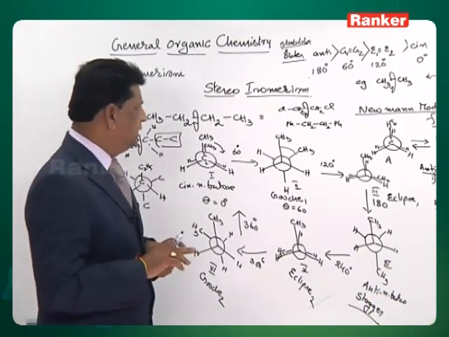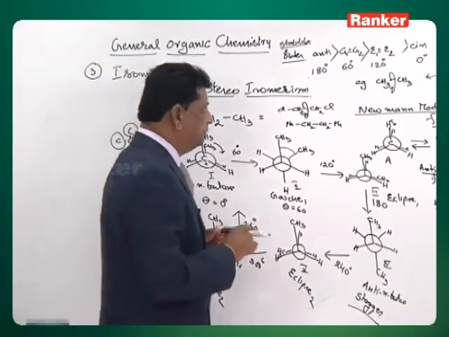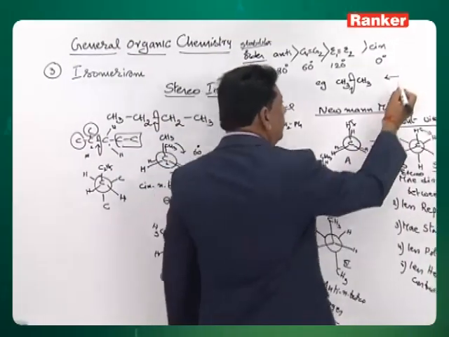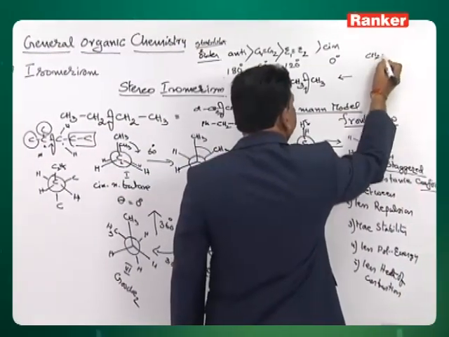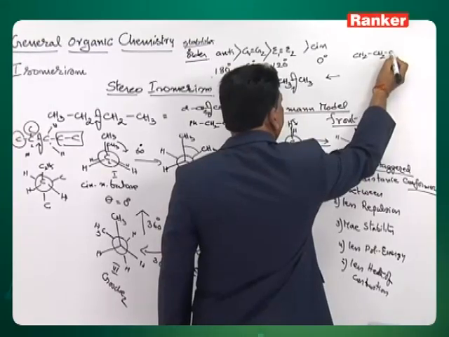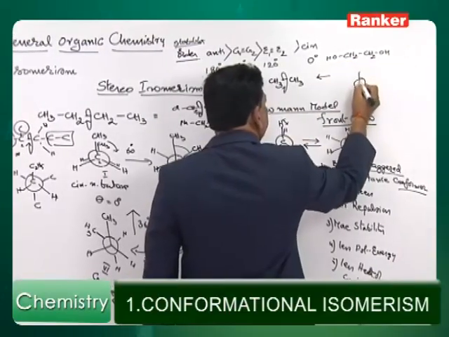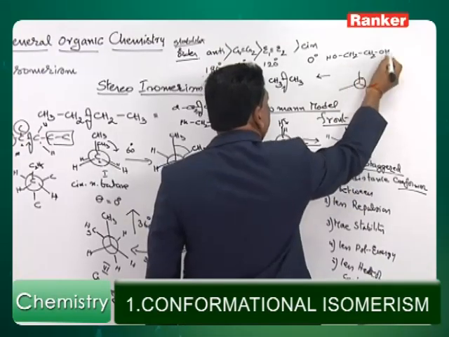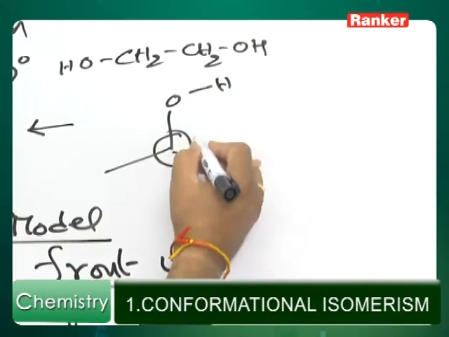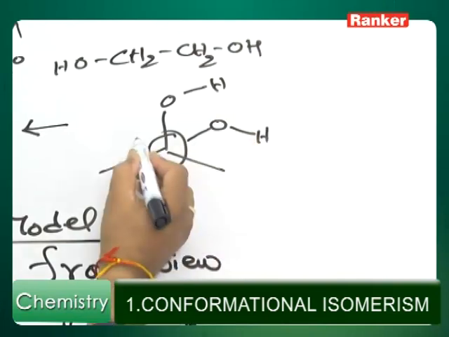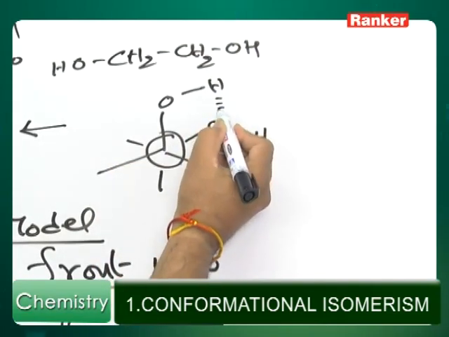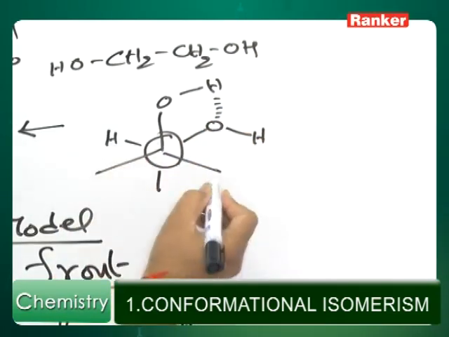Except a few cases, for example, I will give one specific example: CH2OH and CH2OH. In this case, the OH of the first carbon and the OH of the second carbon will have hydrogen bonding, it seems. This is called what? Ethylene glycol.